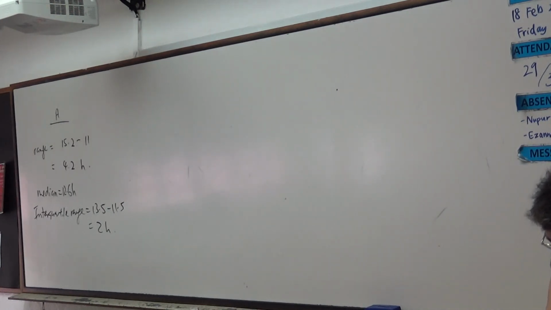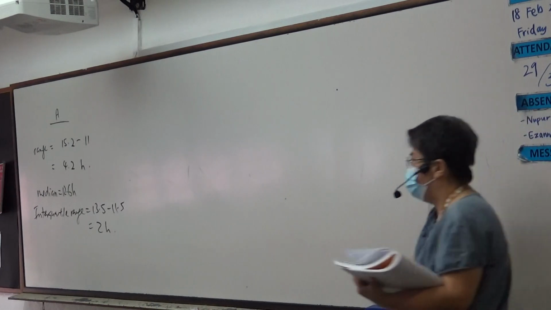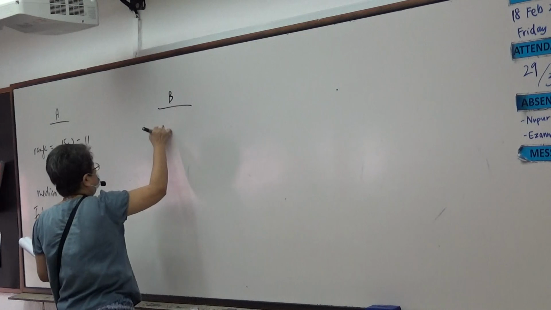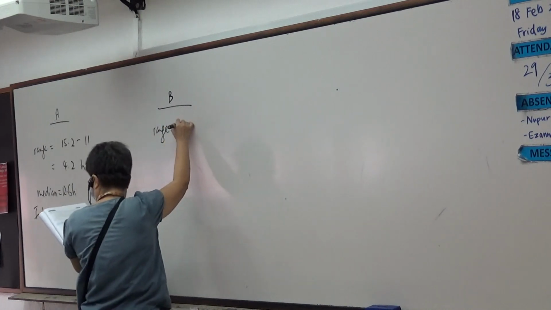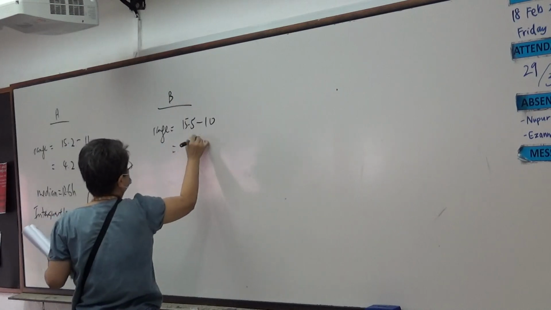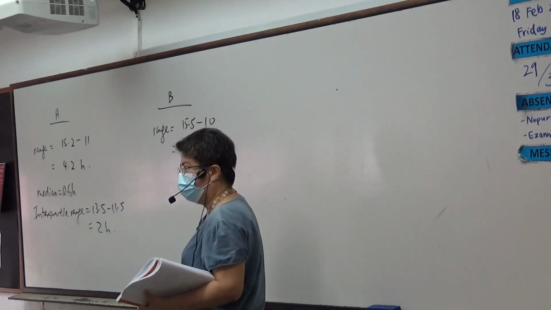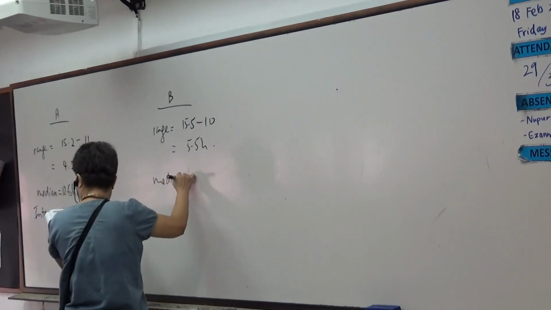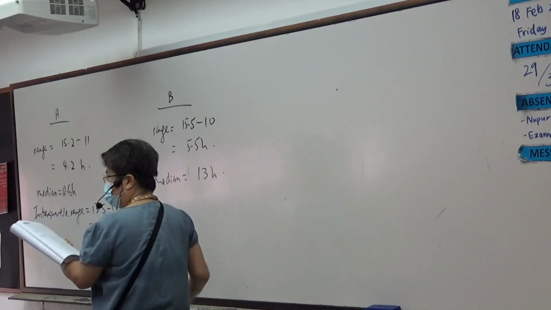For smartphone B, we are going to do the same thing. Alright, let's look at smartphone B. What's the range? 15.5 minus 10. So how much is that? 5.5 hours, right? Okay, what's the median? 13 hours.